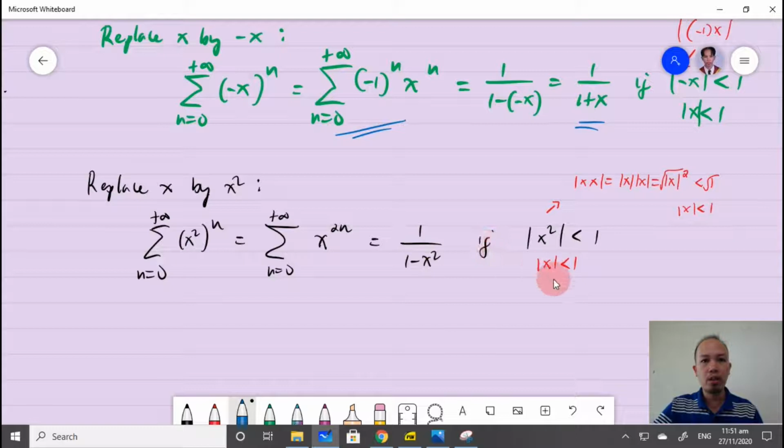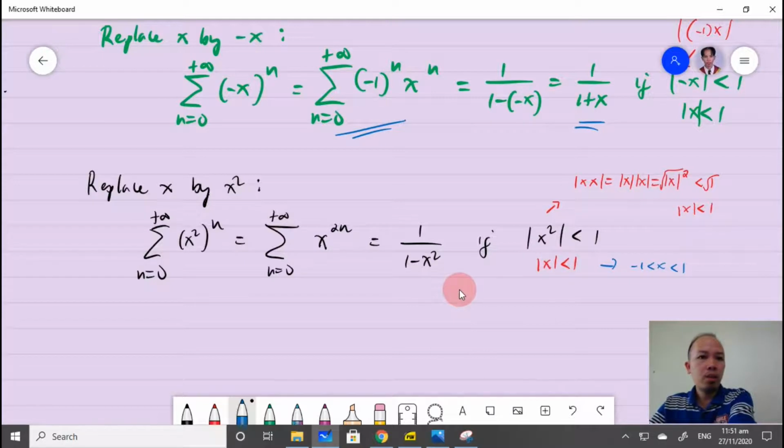Of course, the absolute value of x is less than 1, which is equivalent to, if you simplify this, negative 1 less than x less than 1. This is in your algebra.